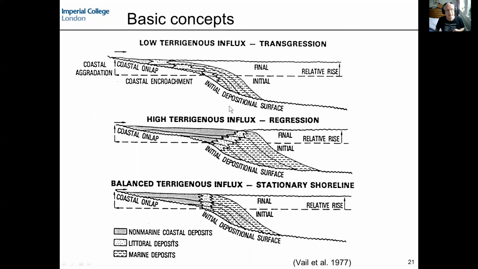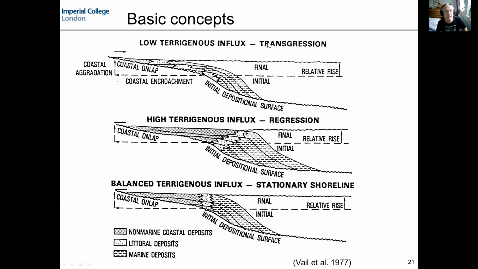So what's different between those three diagrams? Well, accommodation space is the same. Accommodation space, in this case, reflecting how sea level changes. That's the same in those three diagrams. What's different is sediment supply.